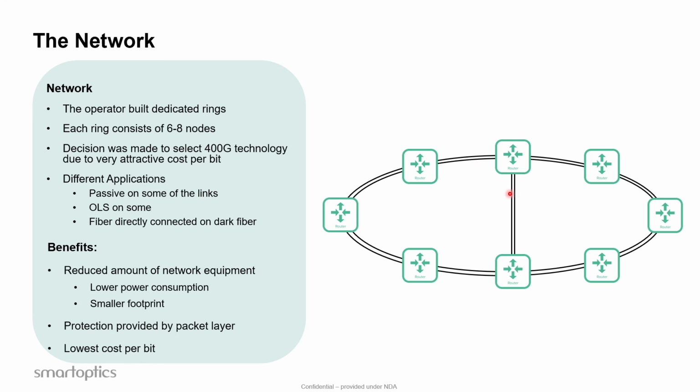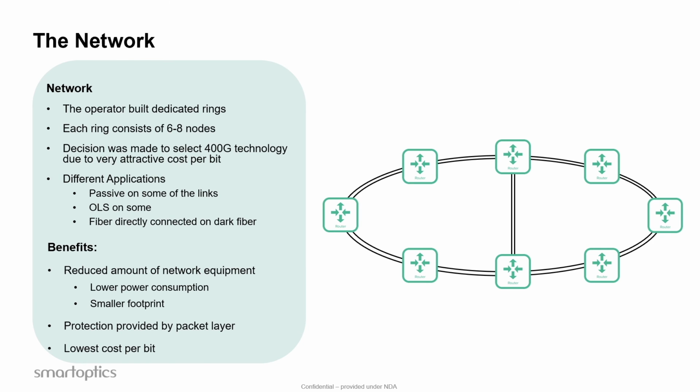So it's both rings and there is also a bit of interconnection in between. They decided to go with 400 gig in order to win this deal. This deployment is for a specific governmental win, where they have to build a government network with 400 gig technology. So they had to go with this technology to win that deal.